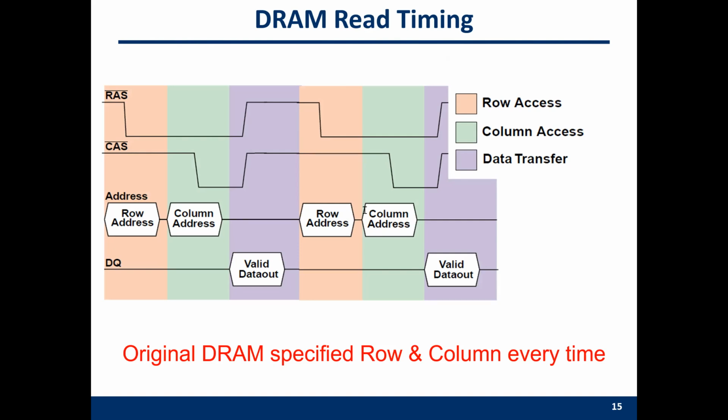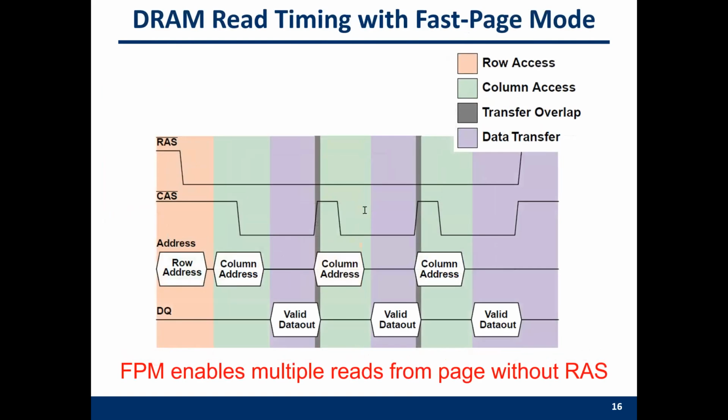When you have data coming out from the DRAM, you can send another column command, and more data comes out from the same row. This line indicates when you want to select different rows.